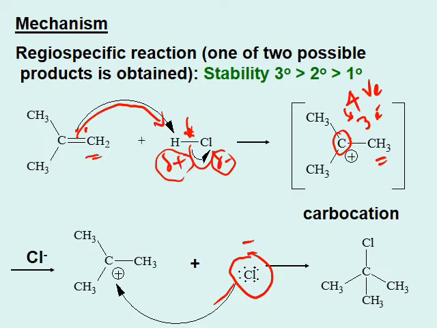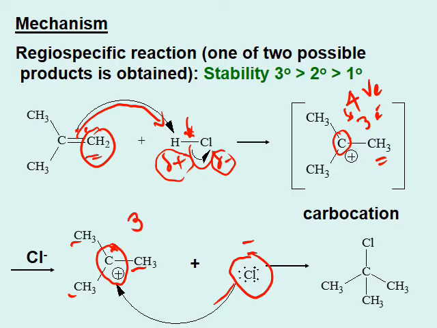Now the question is, why is hydrogen bonded to this end, why not the other end? This has to do with the stability of the intermediate carbocation, because this forms a 3-degree carbocation. In case you didn't remember, 3-degree means this carbon is bonded to 3 other carbons, and you can see this is 1 carbon, this is 2nd carbon, this is 3rd carbon.